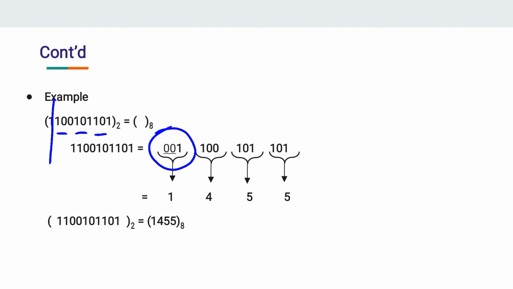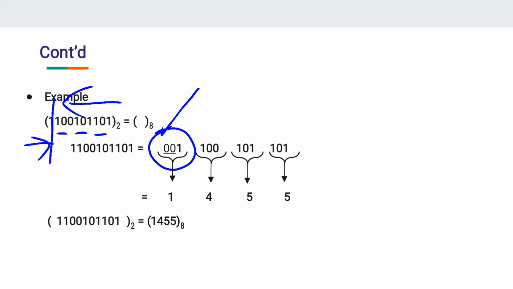Don't start from the MSB. You have to start the grouping from the LSB. At the last, check the bits. If it is 3, fine. If it is not 3, you have to make it 3 bits. So if there is only 1 digit, then you have to add 2 zeros here.